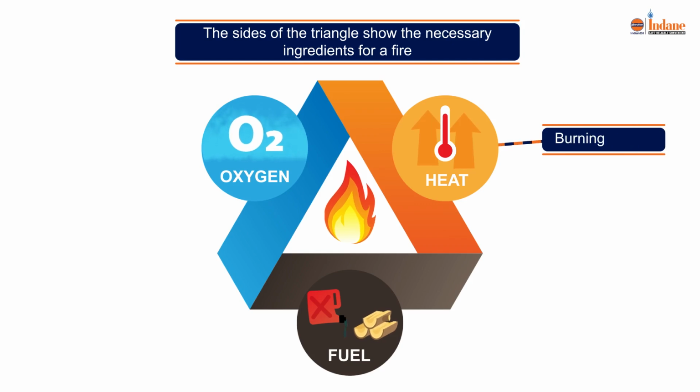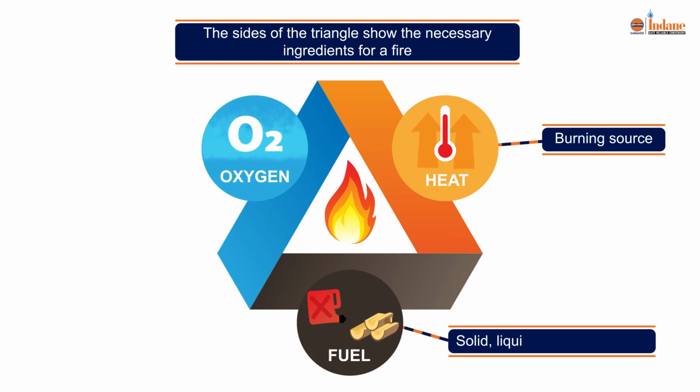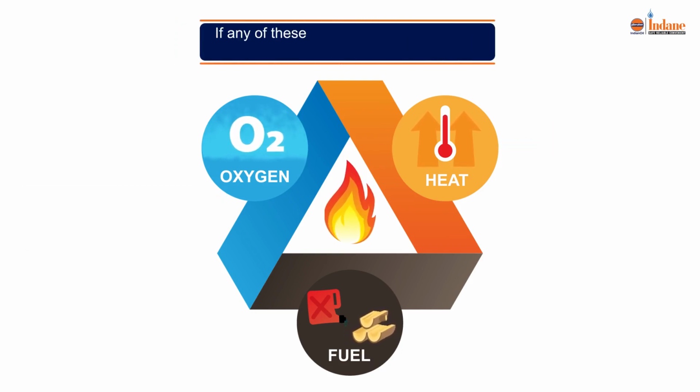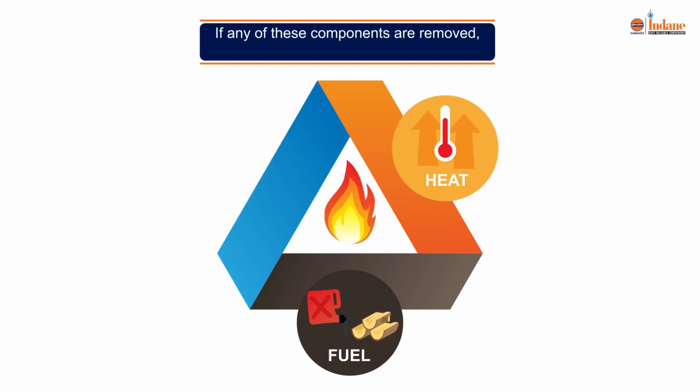Heat is the burning source. Fuel is the solid, liquid, or gas that burns. And oxygen supports the chemical process where fuel reacts with oxygen to produce fire. If any of these components are removed, the fire will get extinguished.